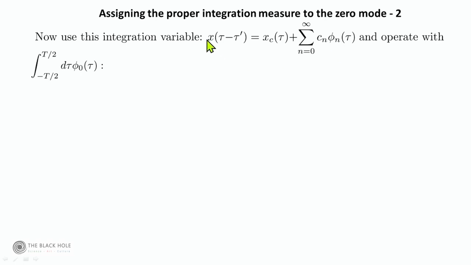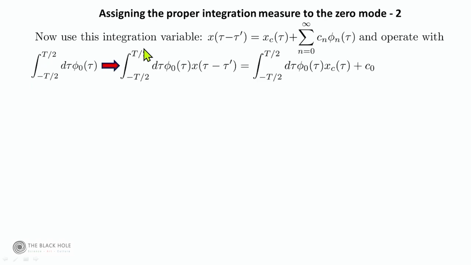What I'm going to do is multiply this side and this side by the zero mode, phi 0 of tau, and integrate all the way from minus T over 2 to plus T over 2. Okay, that's exactly what I've done over here.